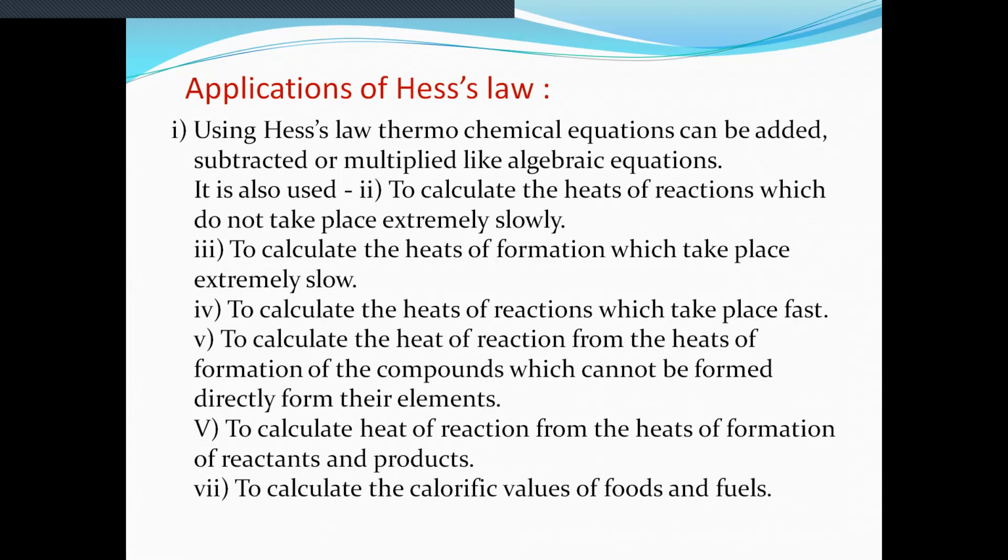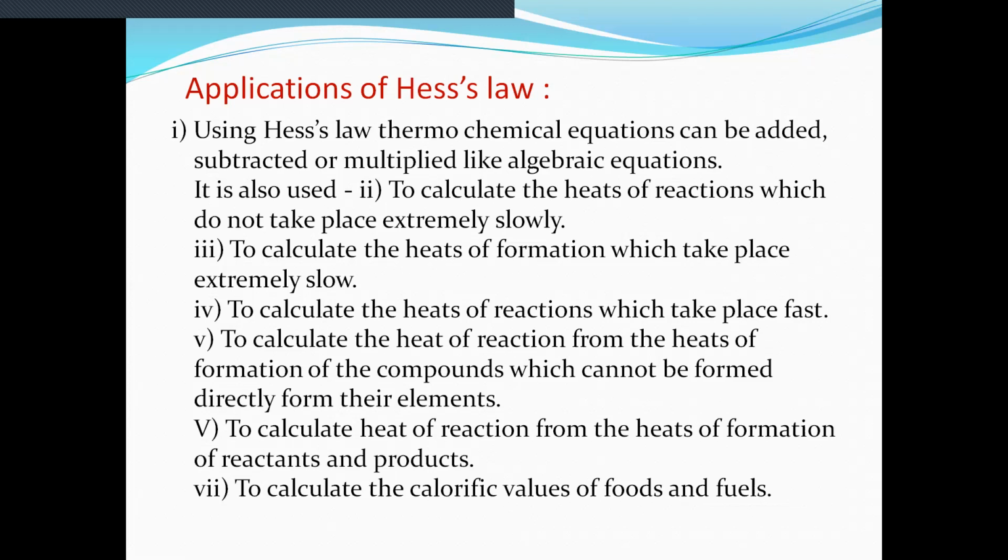And the work done in a reversible process, W max is equal to 2.303 nRT log of V2 upon V1. We have proved that. The concept of maximum work we have also seen. Then we have seen enthalpy and enthalpy change, and we have proved that equation.